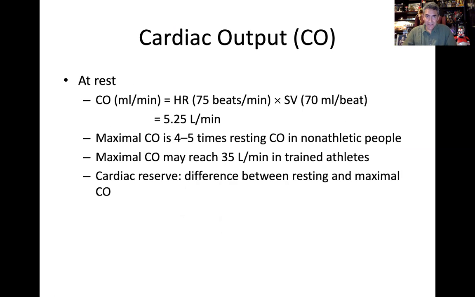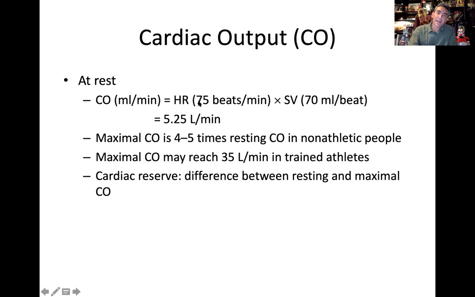So at rest, so if you're just sitting there listening to this video, right? Hope you're not falling asleep, but if you're just resting, we're gonna represent our cardiac output in mils per minute. So we say that the person had sinus rhythm, 75 beats per minute. And just for now, we say that within that 1 minute, they produced a stroke volume of 70 mils per beat.